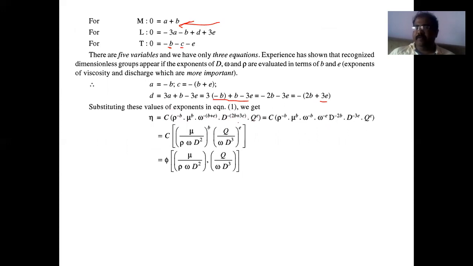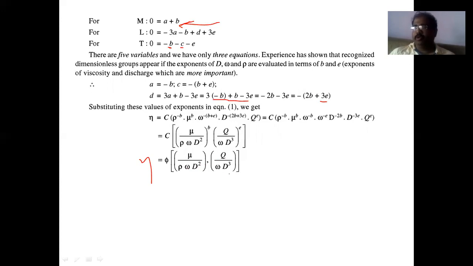Again, we bifurcate on numerator and denominator basis. So we get the equation C of mu upon rho omega d square raised to power b and Q upon omega d cube raised to power e. Or eta is a function of mu upon rho omega d square and Q upon omega d cube.